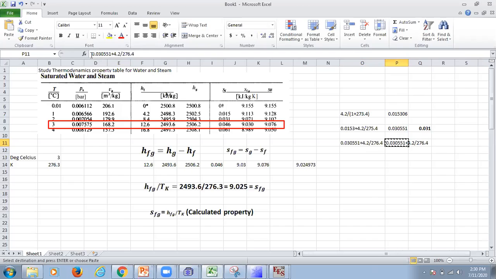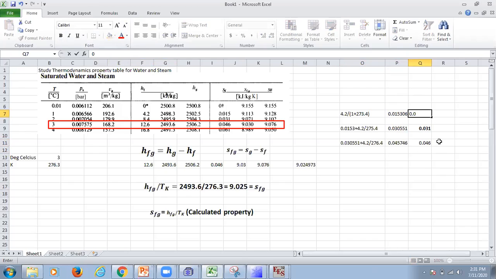So here I put the equal sign, so the value will come as 0.0457, that is 0.046 to the nearest decimal.